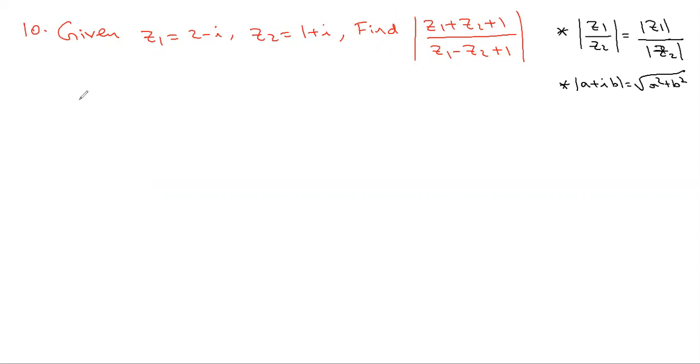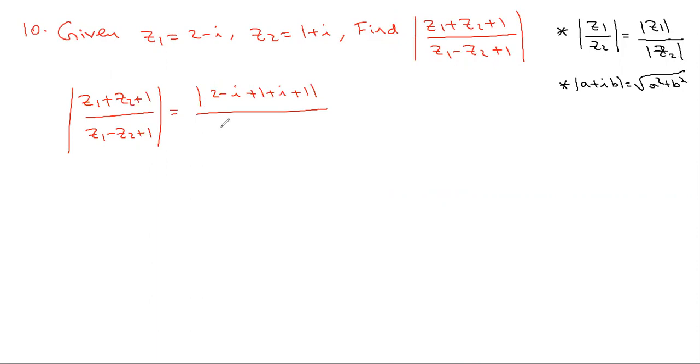So directly you can write mod of z1 plus z2 plus 1 by z1 minus z2 plus 1 equal to the mod for the numerator. z1 is 2 minus i plus 1 plus i plus 1, by the denominator is 2 minus i minus 1 minus i plus 1.